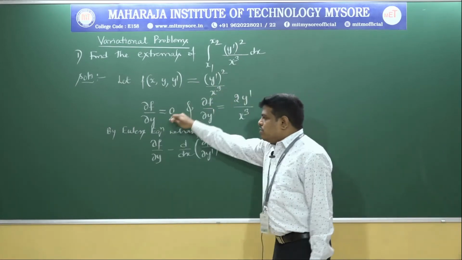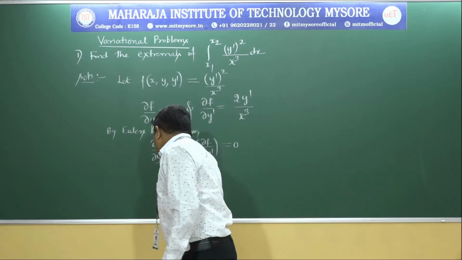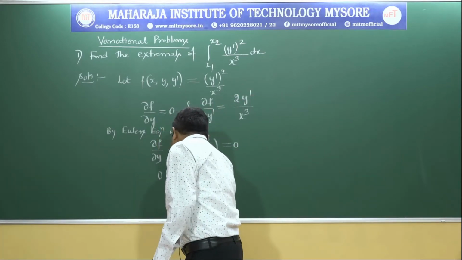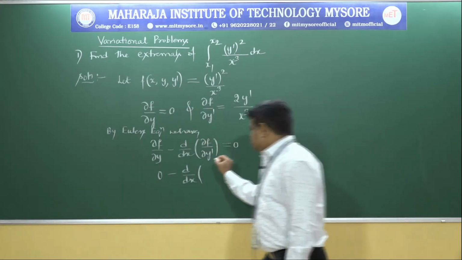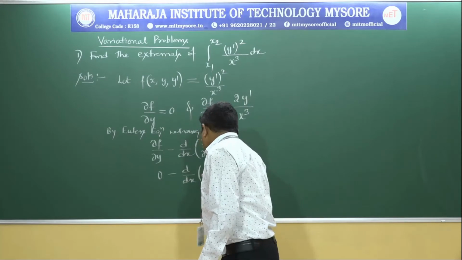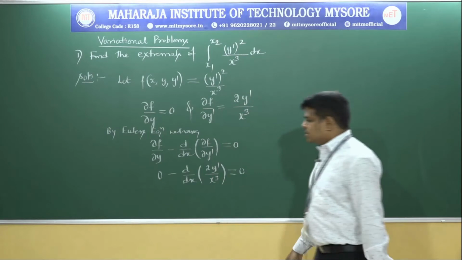Next, substituting all the partial derivative values, that is dou f by dou y value is 0 minus d by dx of dou f by dou y dash, which is 2y dash divided by x cube, equals 0.